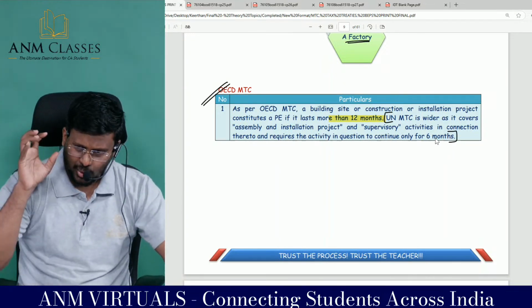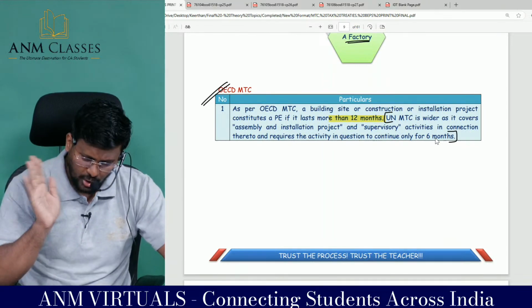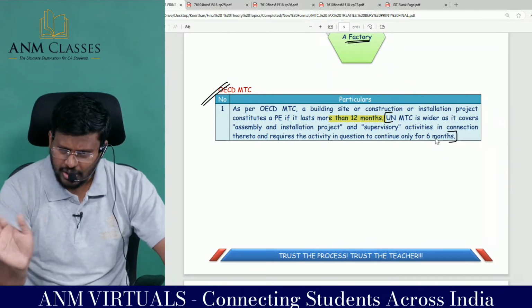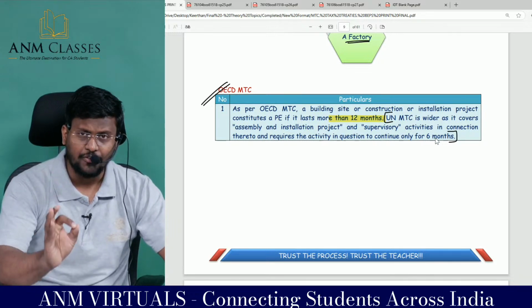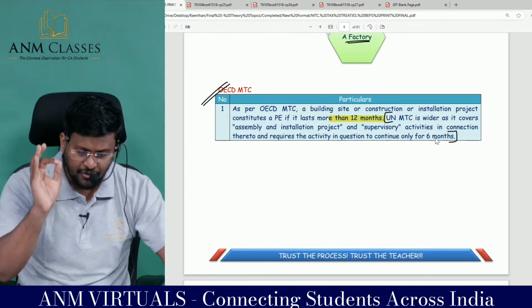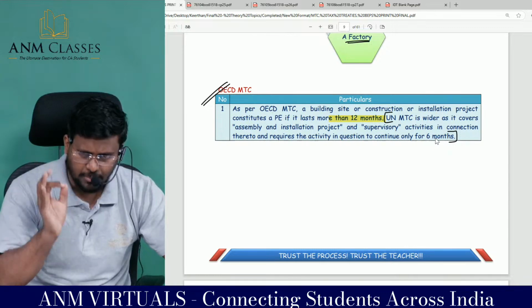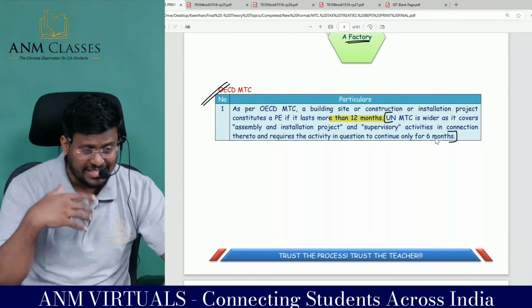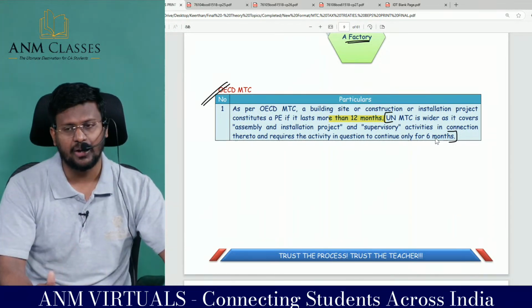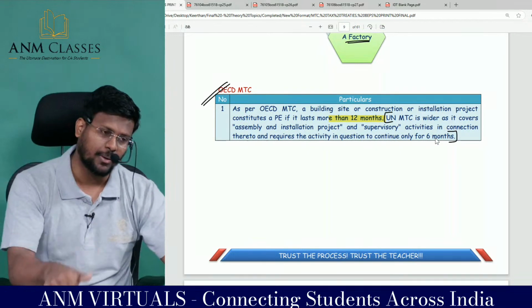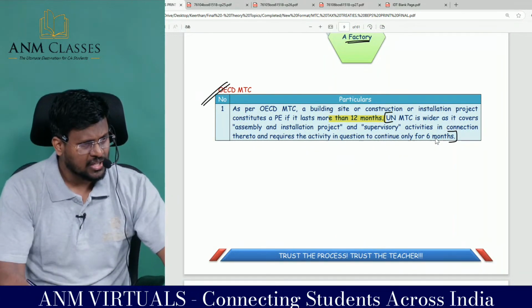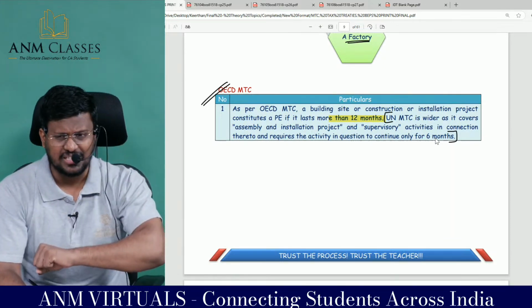That means as per the UN model tax convention, there is no need to construct or install. Even if you are engaged in assembling, or in an installation project in India, which extends to more than 6 months, then we will declare that you have a permanent establishment in India. That means the UN wants to cover those things as quickly as possible.